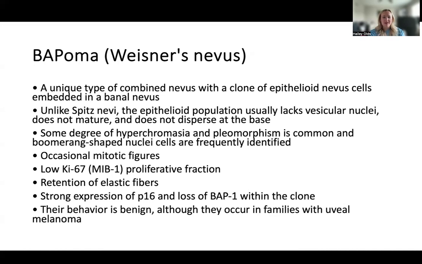So there might be hyperchromasia and pleomorphism or boomerang-shaped nuclei. And then there might be a couple mitotic figures, but there is retention of elastic fibers as well. And there's strong expression of P16 and then a loss of BAP1. And their behavior is benign, but they do occur with other malignancies.